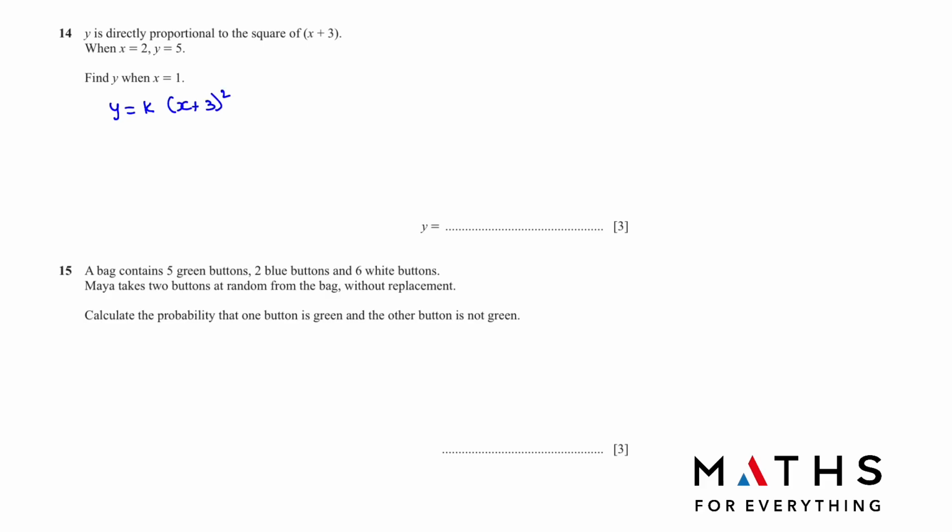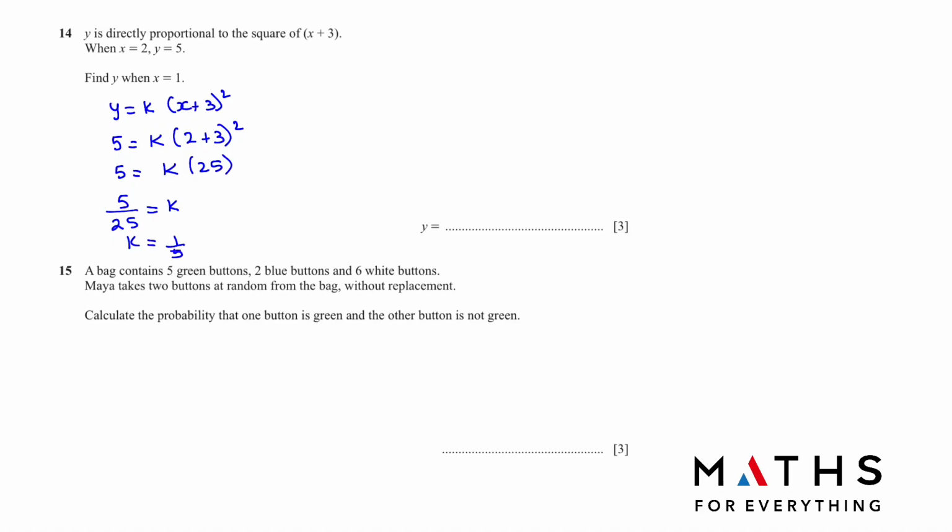The first thing in this type of question, you have to find the constant of proportionality, which is k. When x is 2, y is 5. So we replace the y and we replace the x with 2. This will give us 25. Shift the 25 to the other side. So we got k is equal to 1 over 5.